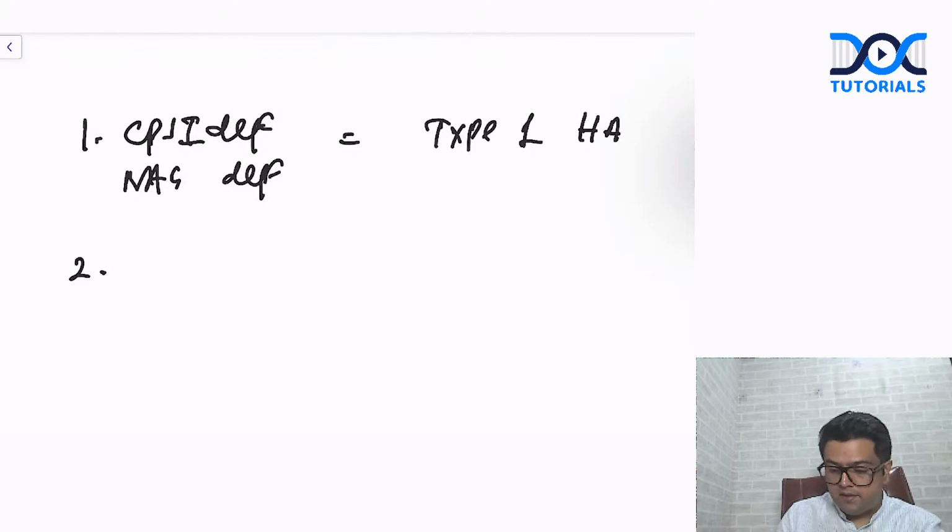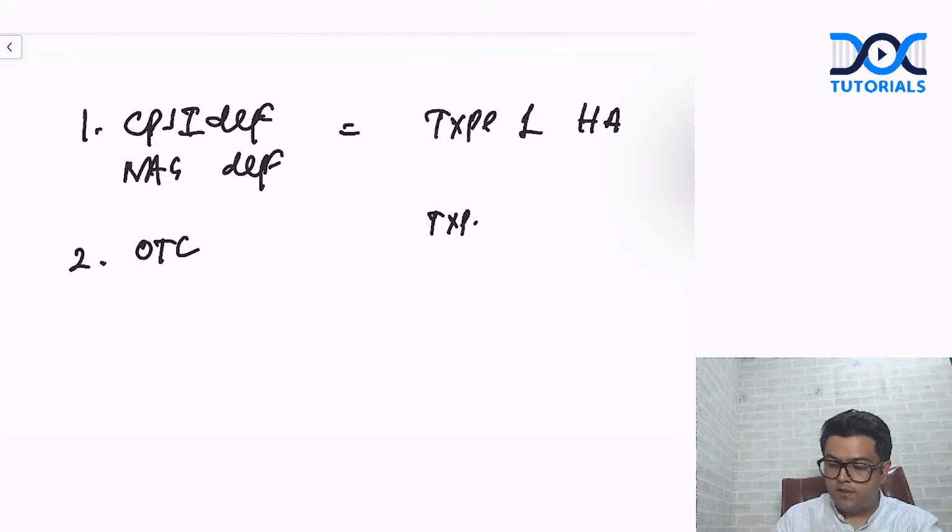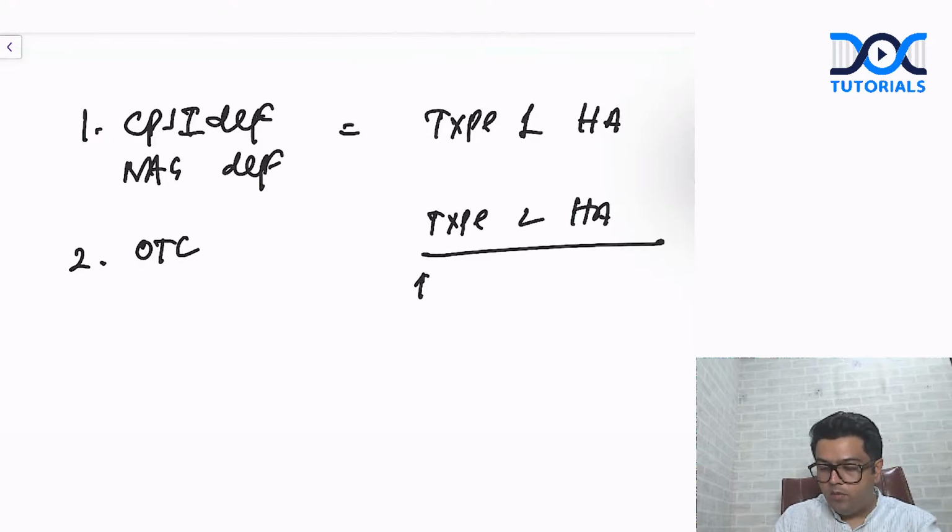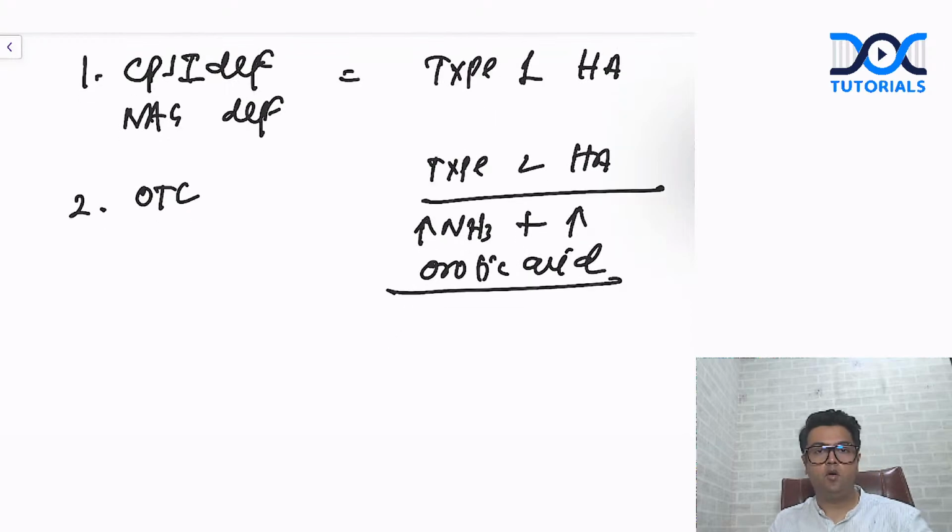Then second is ornithine transcarbamylase, the second enzyme deficiency. This causes type 2 hyperammonemia. Guys, in type 2 hyperammonemia, there is an increase in ammonia plus an increase in orotic acid, which may appear in the blood or urine.